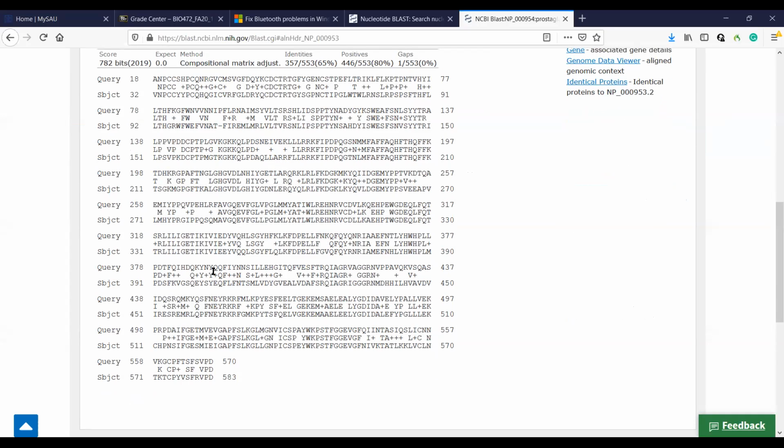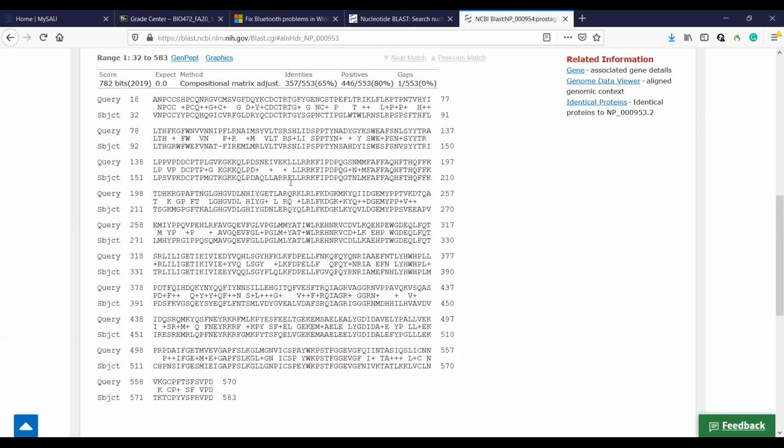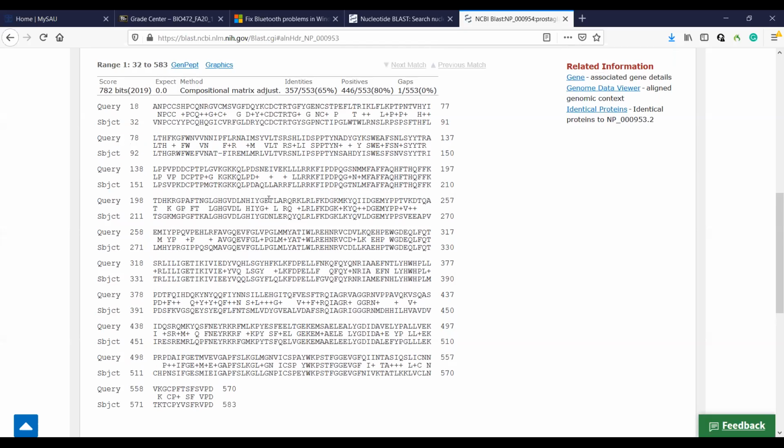So where you have a stretch here that doesn't have a lot of identity, it has a lot of the same type of amino acids. Okay? And then you get through this portion here, now you start to get quite a bit of identity. And then up here, you notice there's gaps and there's just not a lot of conservation up here, whereas down here you get a lot more.